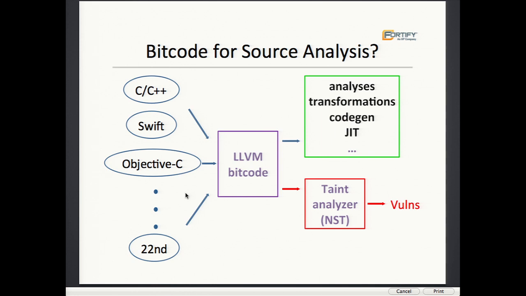Because there was a slide in last year's LLVM developers' meeting where Vikram listed 22 different languages which can be compiled into LLVM. That means if we can do this, then we can gain the benefit for our application analyzer basically for free.